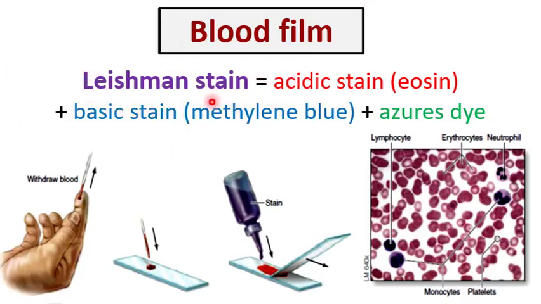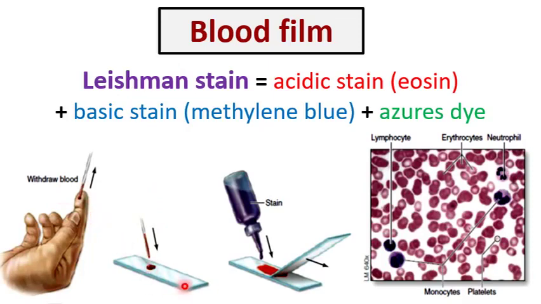Leishman stain is formed from three components: acidic stain, basic stain, and azurous dyes. The acidic stain is eosin, the basic stain is methylene blue, plus azurous dye. These three components form the Leishman stain.